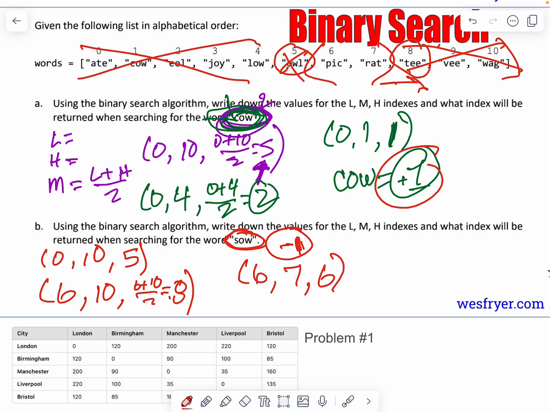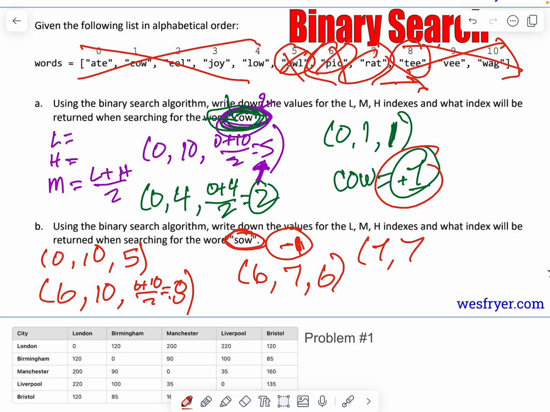I think that is. Maybe it still leaves me with 7, and I end up doing one more, because I'm actually comparing it to 6. I know it's not this, and it just leaves 7. So for the last one, we just have 7. 7 is our high and our low, and then it compares, and we don't find it, okay?